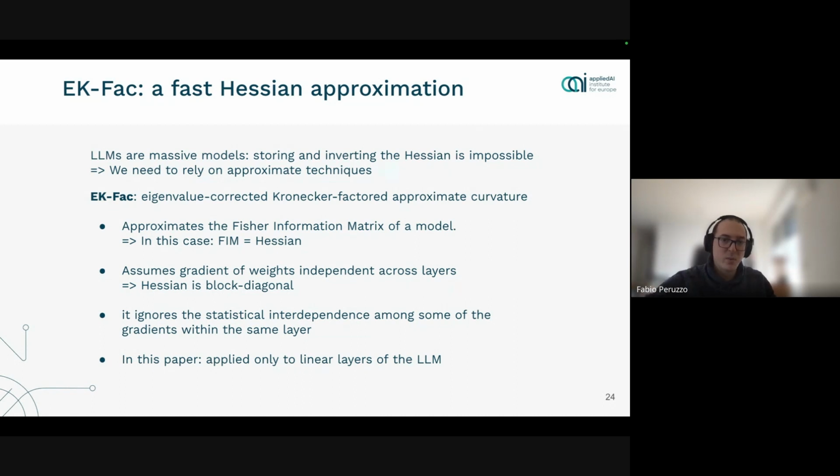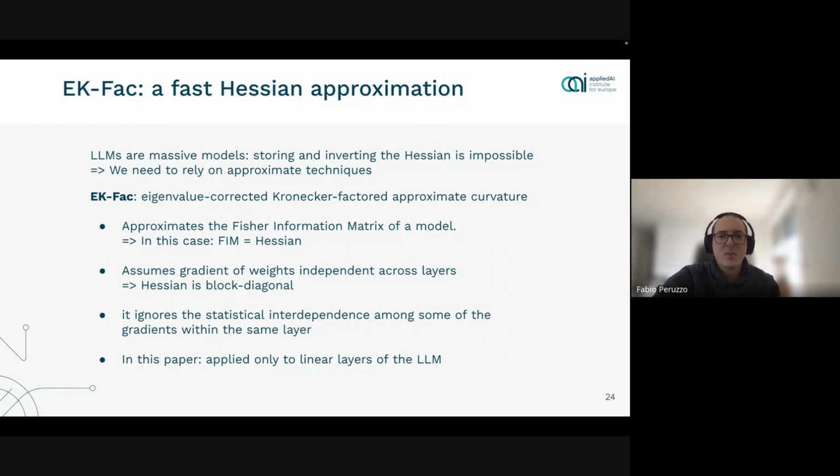On top of this, we will also not consider the influences on all the weights of our large language model, but only on the layers that are linear, so the MLP layers, and we will forget about the attention layers. The paper argues that the linear layers constitute most of the weights of the model, although it's still not 99.9%. We are throwing away quite a lot of weights here.